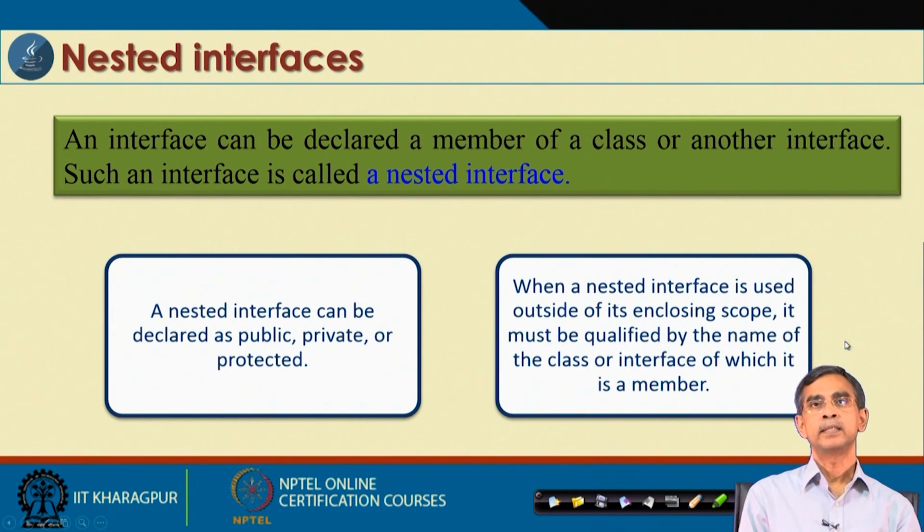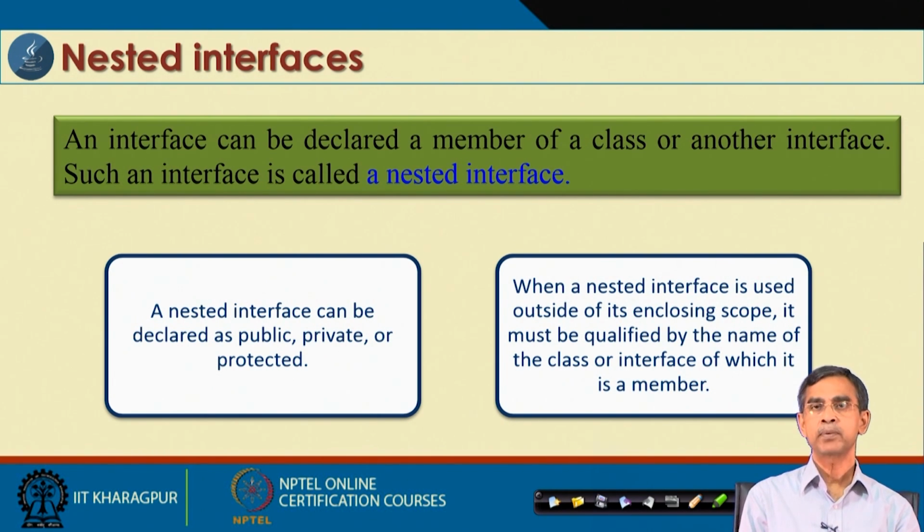And in Java it is also possible to have a nested interface. The meaning of a nested interface is that an interface can be declared inside a class declaration. This means that this interface is very much local to this class itself. That means no class outside this class is responsible for implementing this interface.